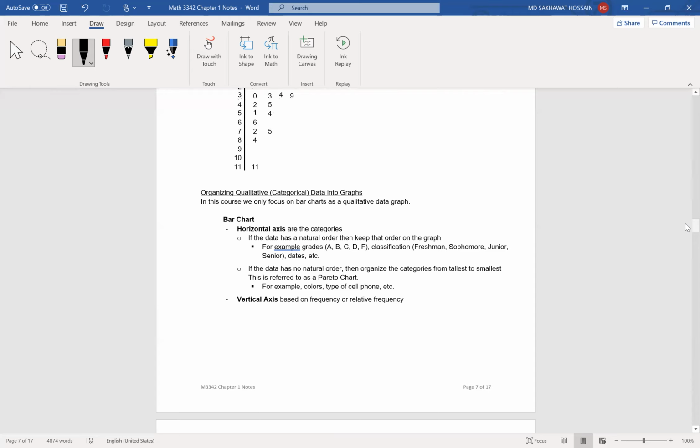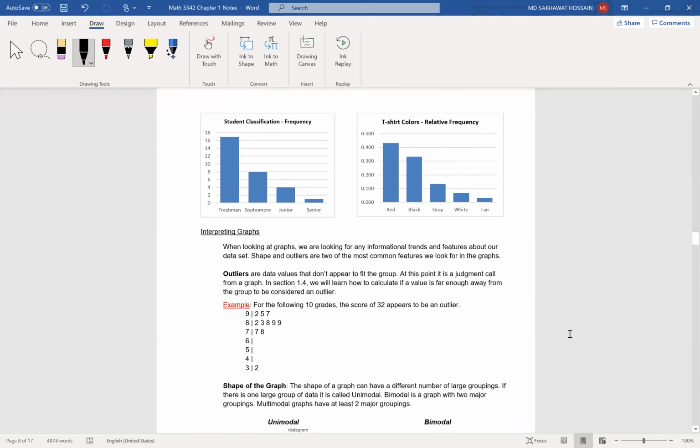In that example, we have four groups: freshman, sophomore, junior, and senior, and we have the corresponding frequencies. For each group you will have just one bar, and the height of the bar will be the frequency for the corresponding group, and the vertical axis represents the frequency.